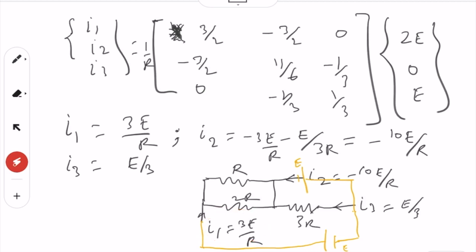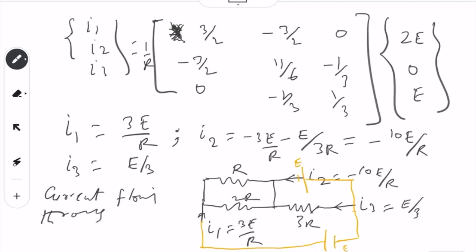So the current flowing through the lower cell will be 3E over R.